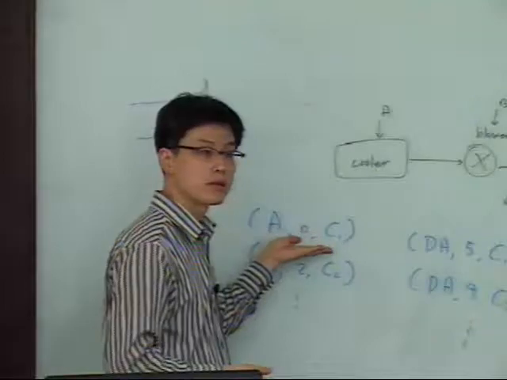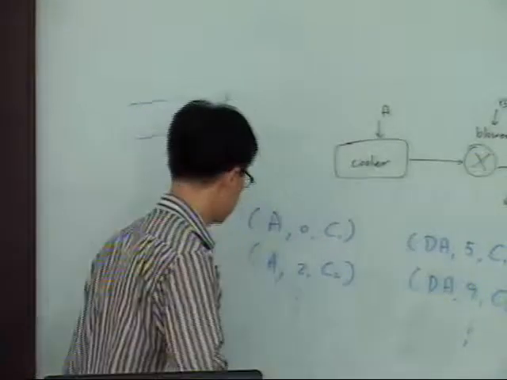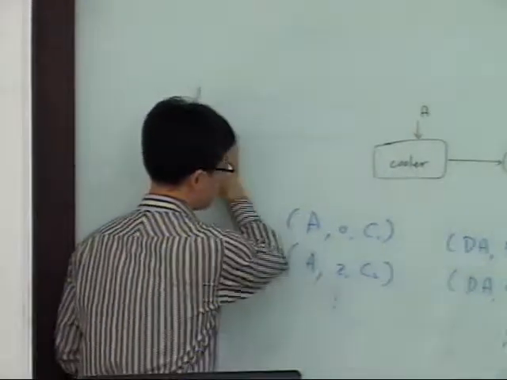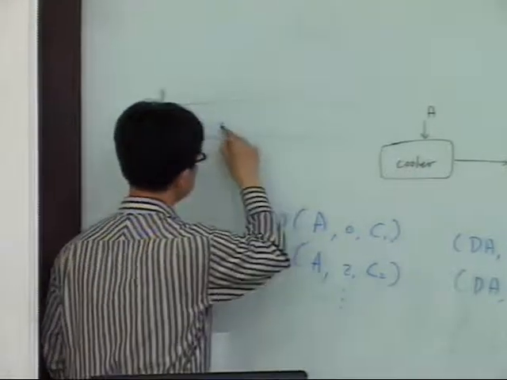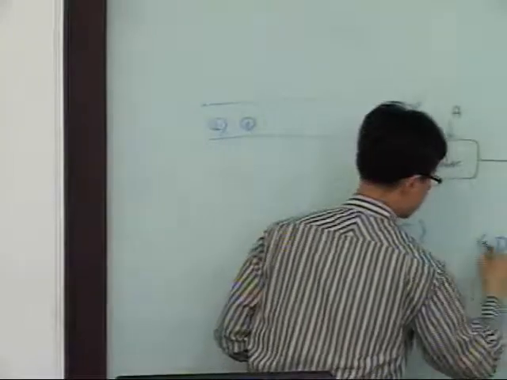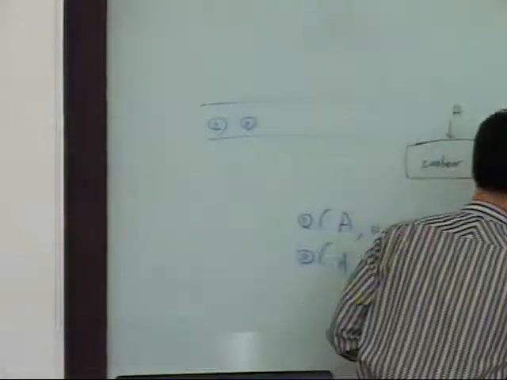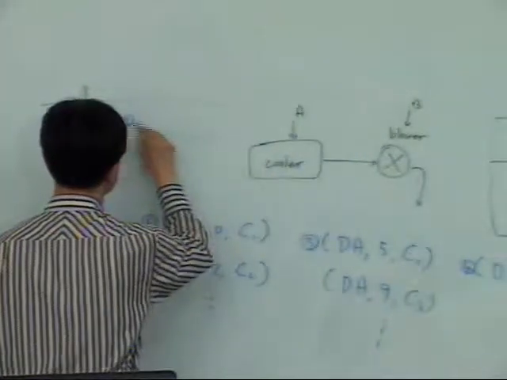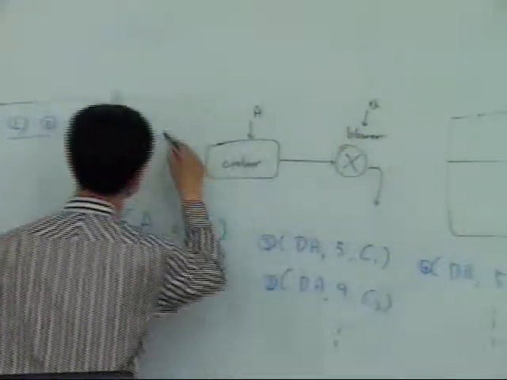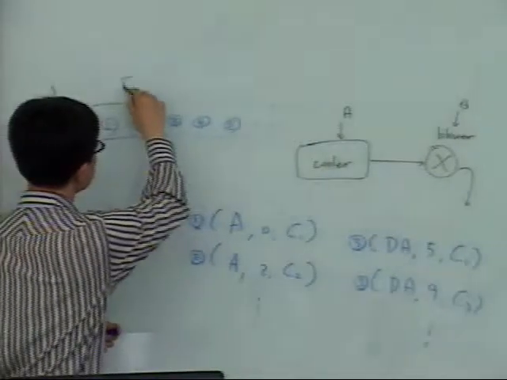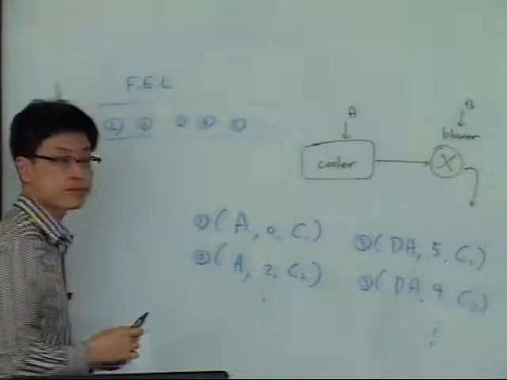So event notice. In the queue, this is here. This one will be here. This is the future event list.